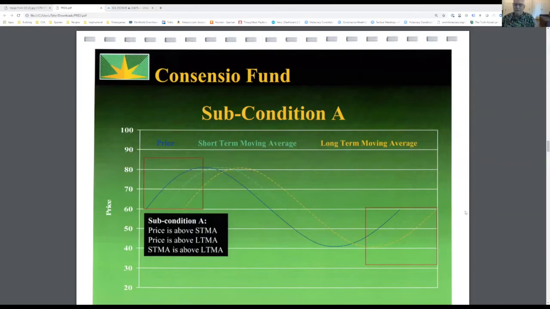what we're looking at. We're looking at a short-term moving average, a long-term moving average, and price. The short-term moving average, unfortunately, is a light blue color, and so it gets lost as we come down and you can't see it here, and then it goes up. But you can picture it mentally, and I'd much rather you picture it mentally than look at the picture. What you're looking at is what is called a sine wave.